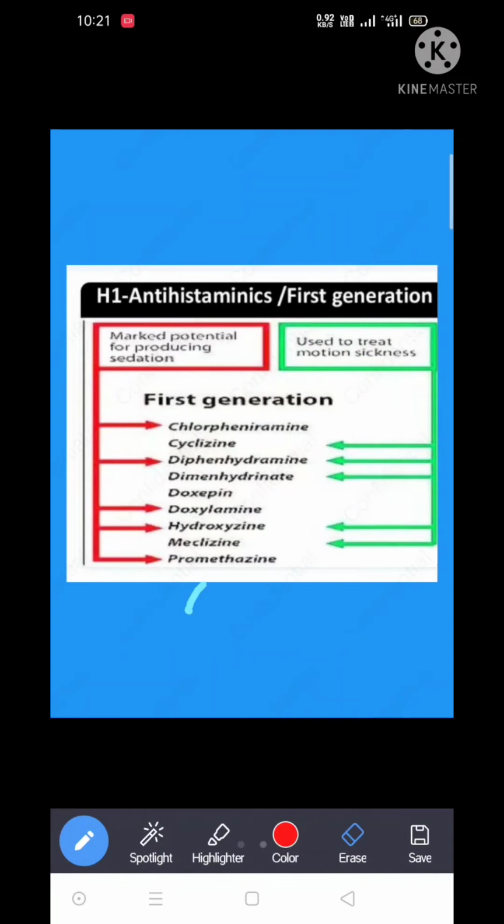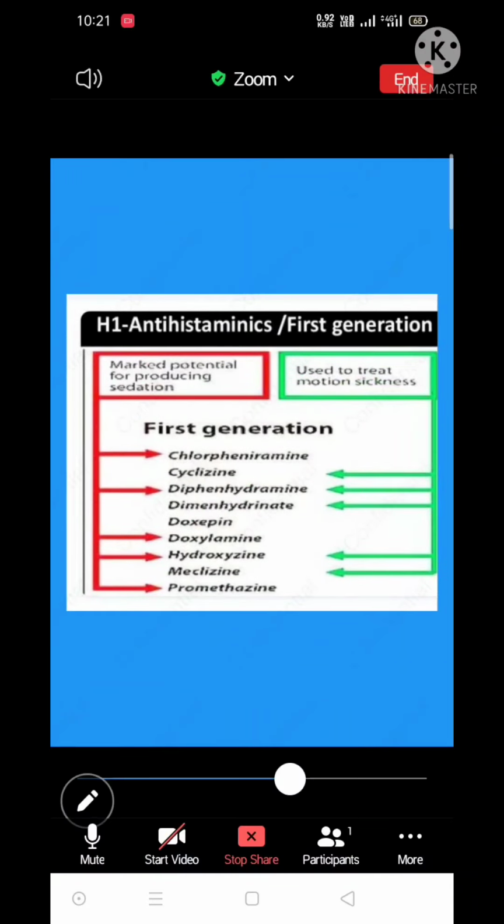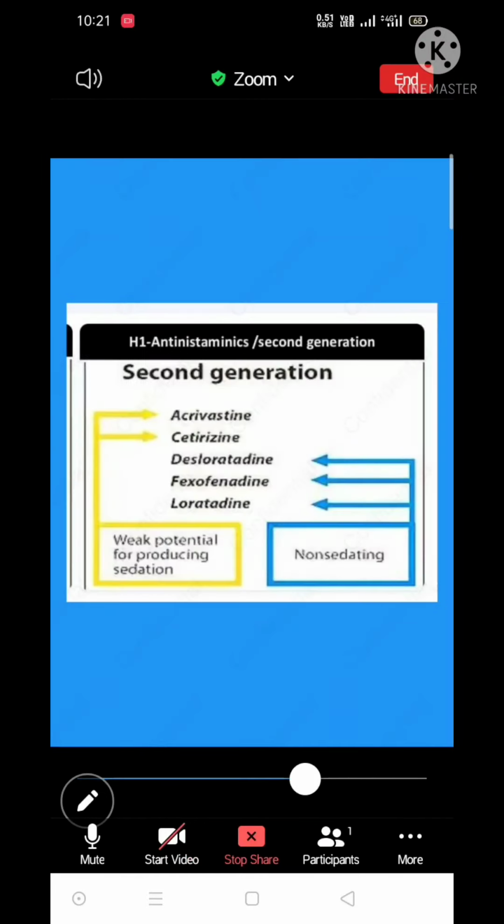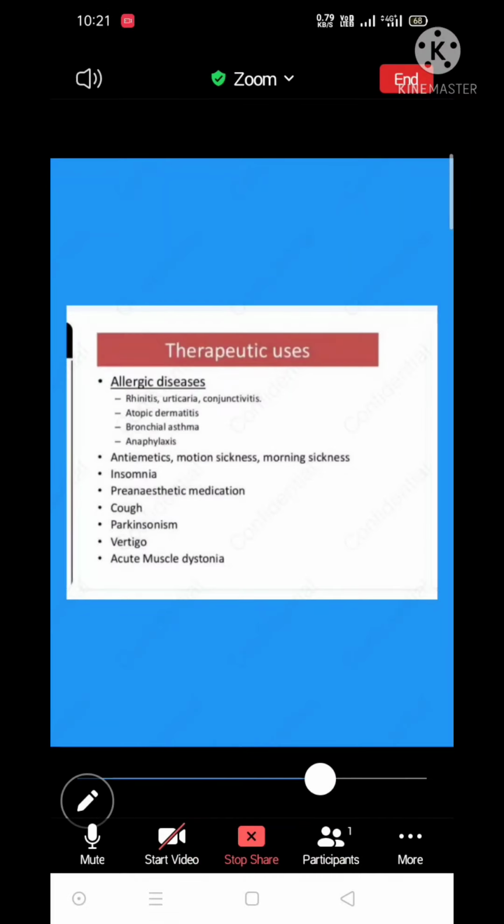Let me erase this first. H1 antihistaminics of first generation have marked potential for producing sedation. These are the drugs used to treat motion sickness. Second generation, these are the drugs belonging to the second generation.